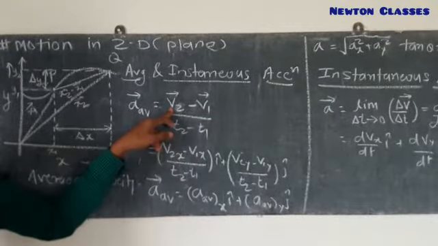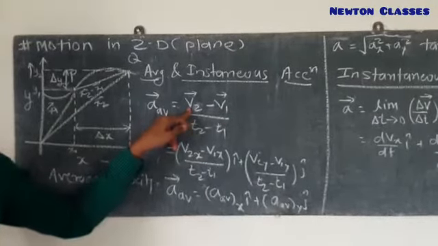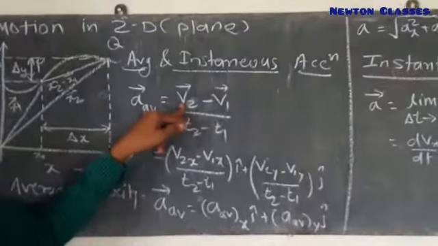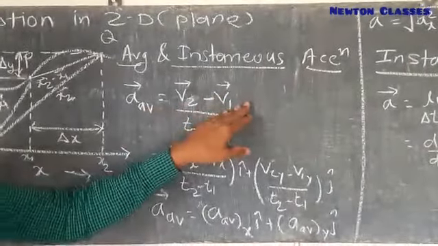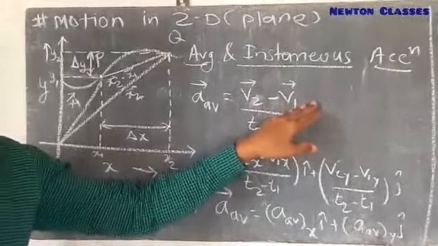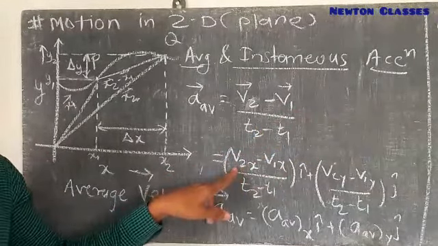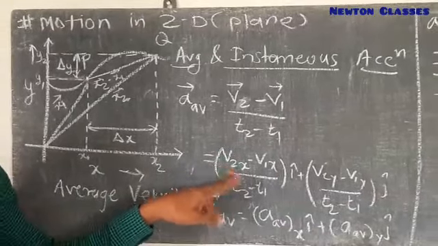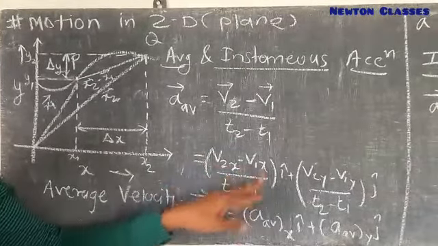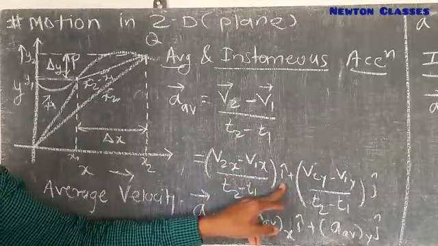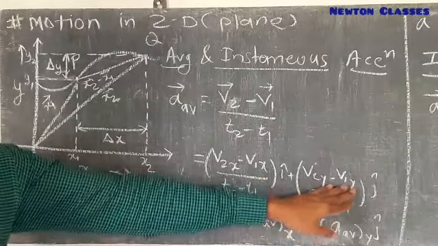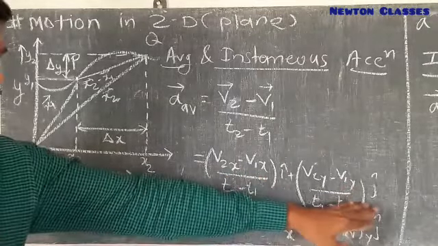Here v2 bar is a vector having components along the x axis and y axis, and v1 bar also has x and y components. Therefore it can be calculated like this: (v2x minus v1x) upon (t2 minus t1) i cap plus (v2y minus v1y) upon (t2 minus t1) j cap.